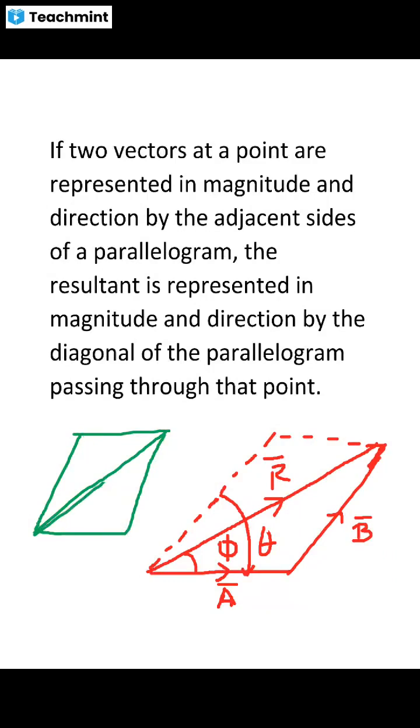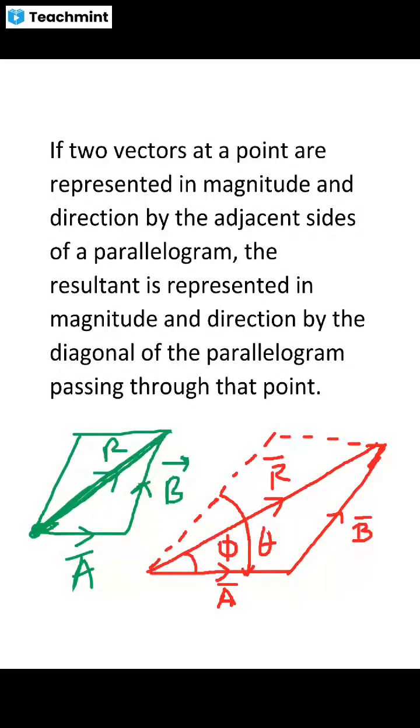Now, what the law is saying is this. If I represent this side with vector A and this side with vector B, then the law says that this diagonal, which connects this vector to this place, is the resultant.